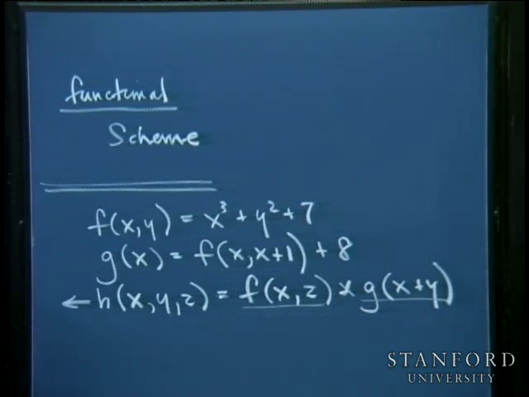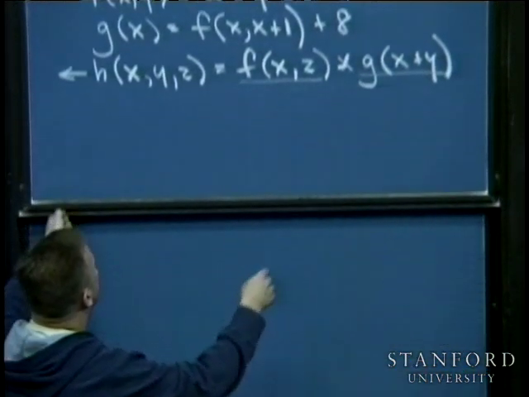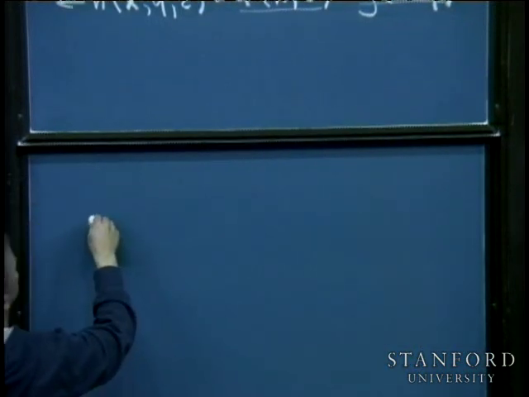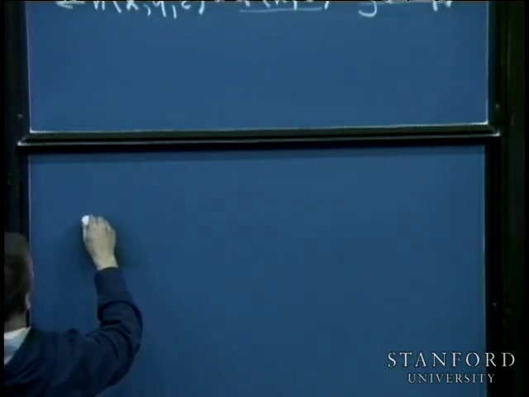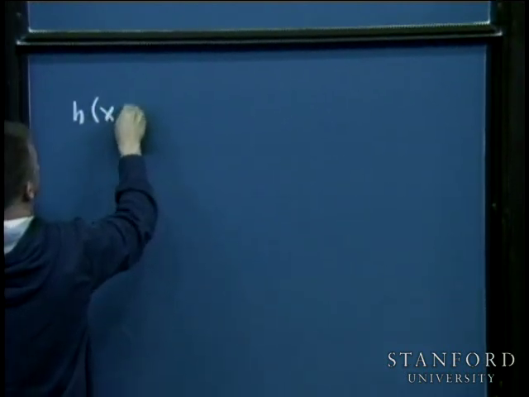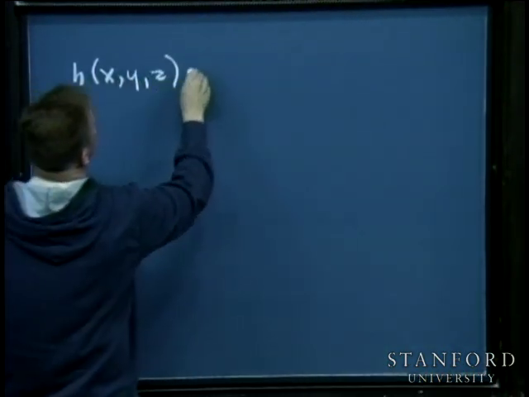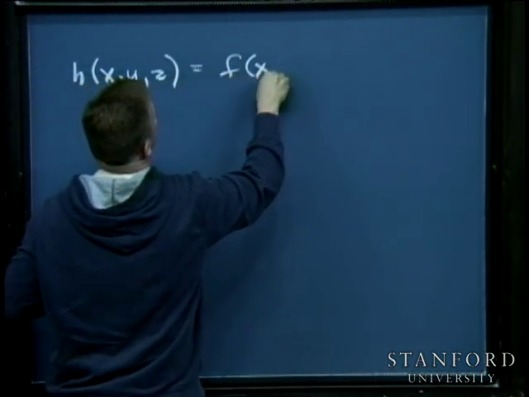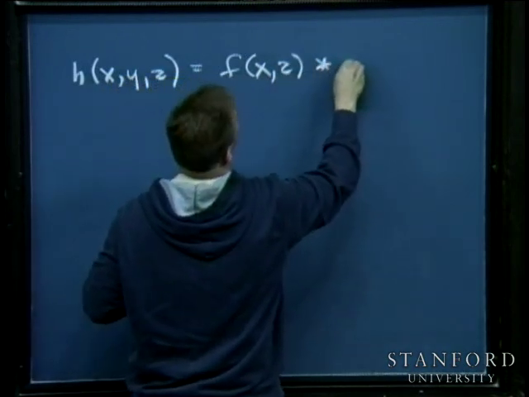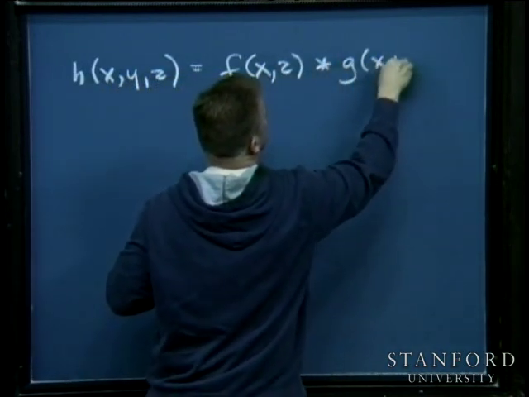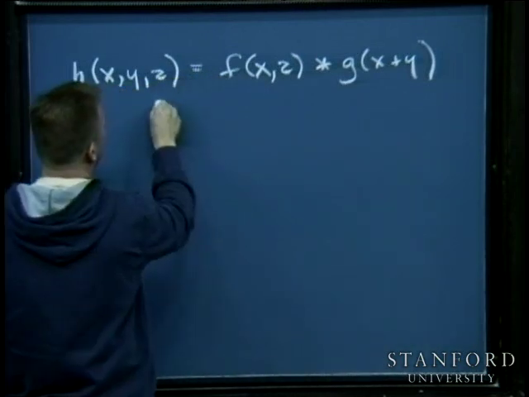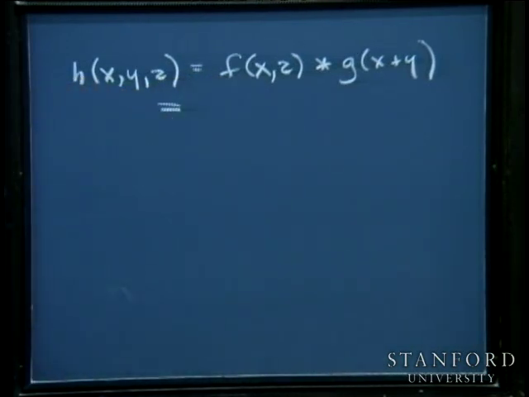What a functional paradigm approach would do is it would just say, and it would associate something like, how do I want to say this? It would do this. And it would associate it with f of x z times g of x plus y. Or it might actually prefer to write it this way.